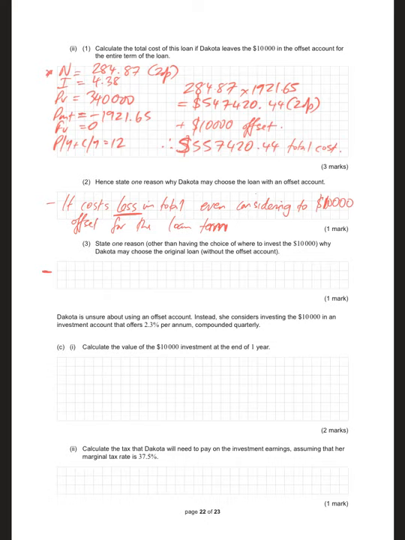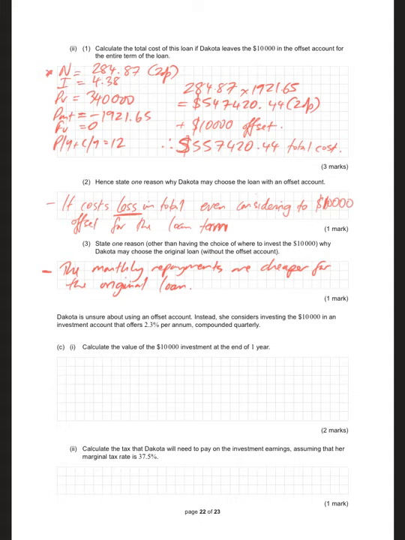Looking for a reason for this. All I can see is the payments are cheaper. The monthly repayments are cheaper for the original loan. That's one kind of weak reason, but you're trying to give one here.